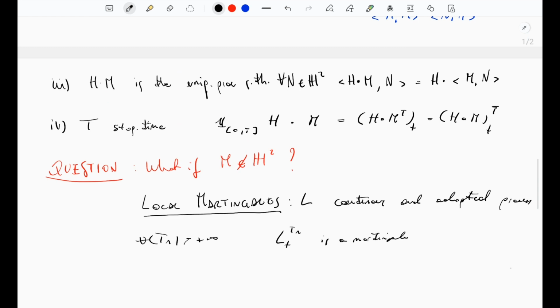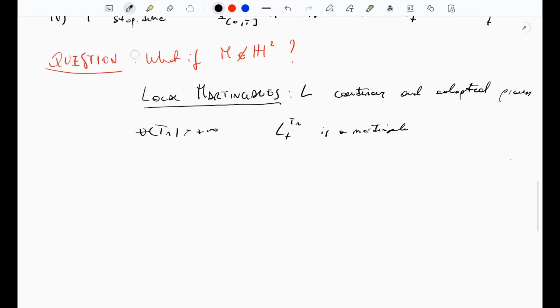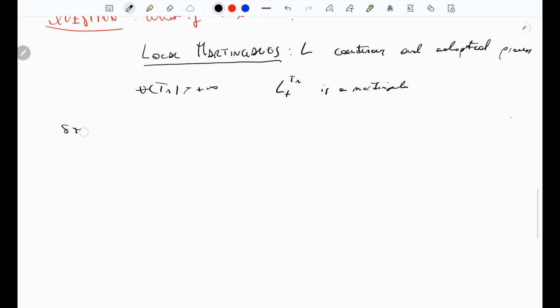So the takeaway is, you can define the stochastic integral for local martingales, so a much weaker set of processes, okay?